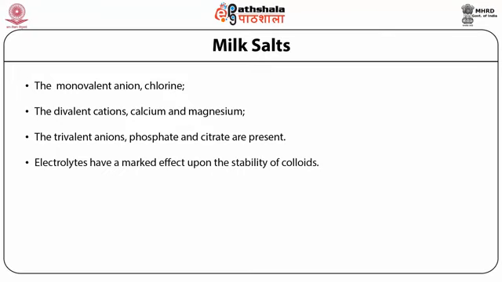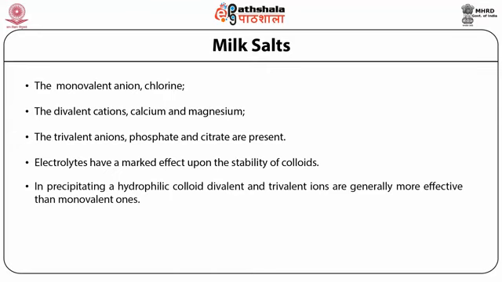They have marked effect upon stability of milk casein. The divalent and trivalent ions are more effective in precipitating casein, whereas monovalent cations sodium and potassium are less effective.